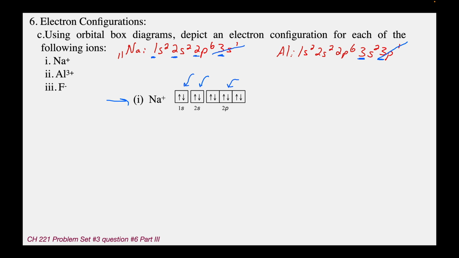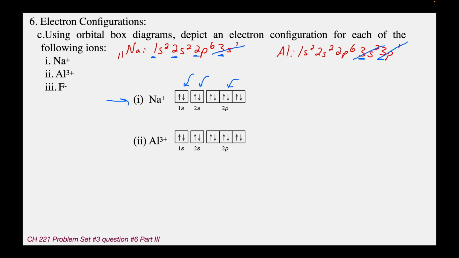We're going to take that one away first, but we have to take away a total of 3 electrons. We need to take away 2 more. That means those 2 from the 3s are going to go away. Aluminum 3+ is also going to have 1s2, 2s2, 2p6 configuration. And if you write out the orbital box, this is what it looks like. Now notice that both of these ions have the neon electron configuration, all right?